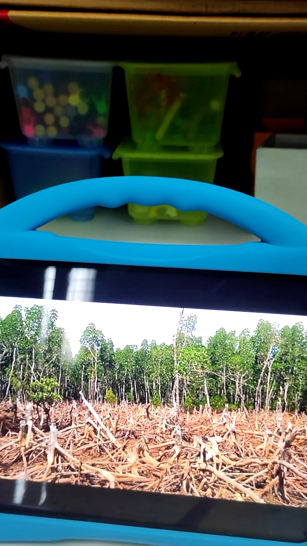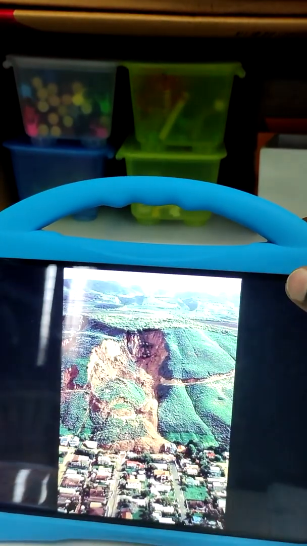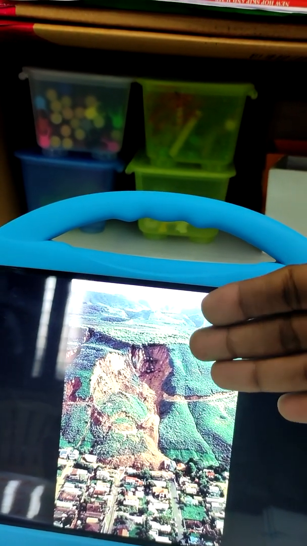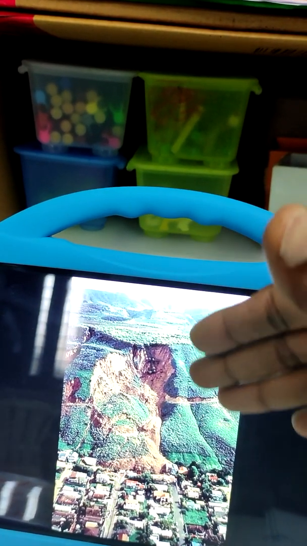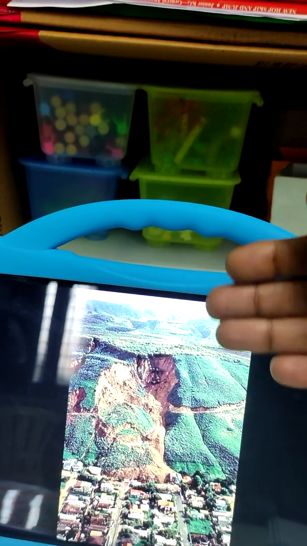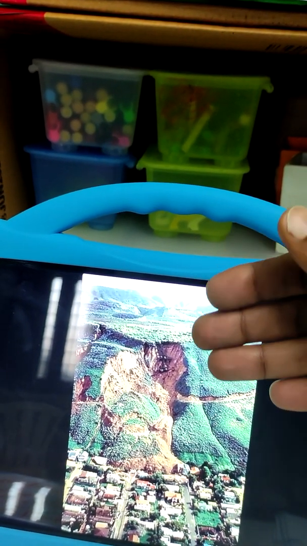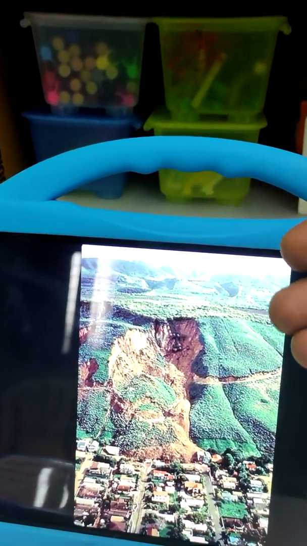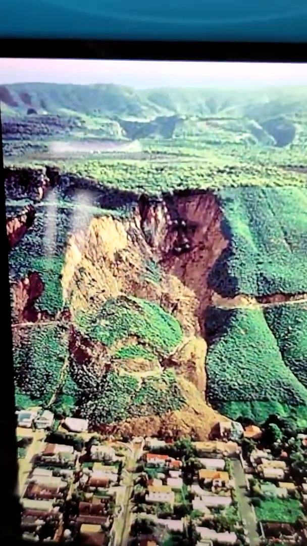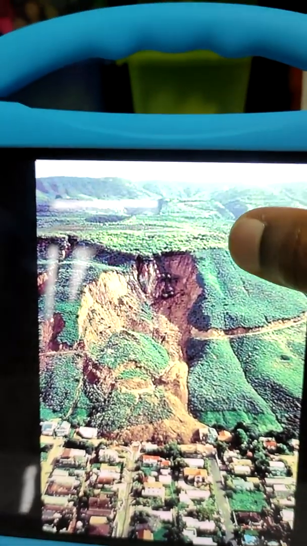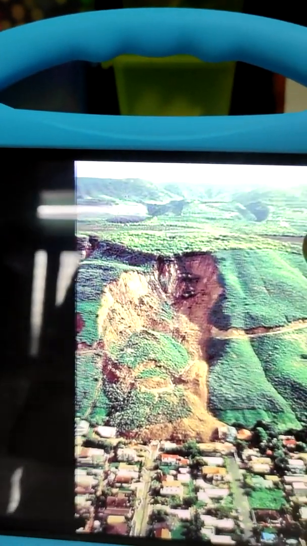And another effect of deforestation is landslides. As there are no proper roots to hold the soil in place, the top layer of the soil will slide. It will erode or it will slide and cause a disaster. Look here. It is a natural disaster, and this is one of the effects of deforestation.